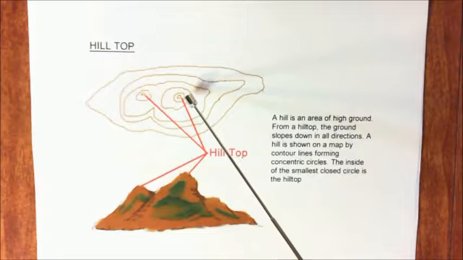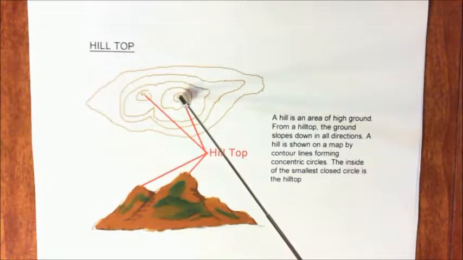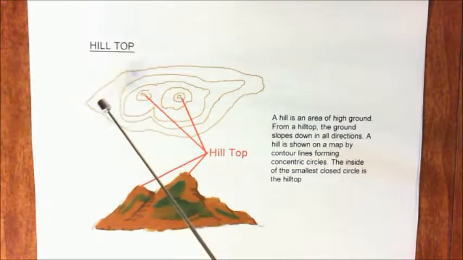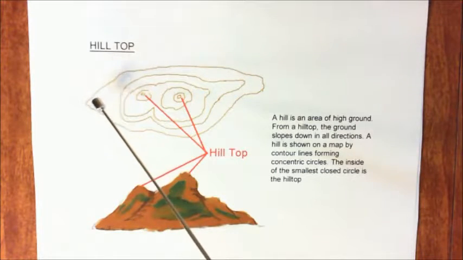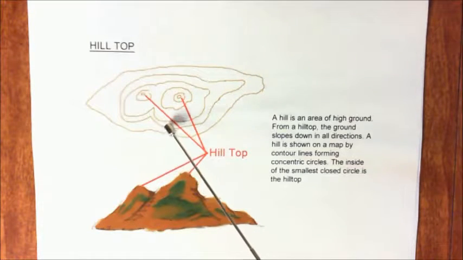You see how pointy that top is? That relates directly to how pointy the topmost elevation is. And depending on how far apart these contour lines are, that indicates the steepness of the slope.